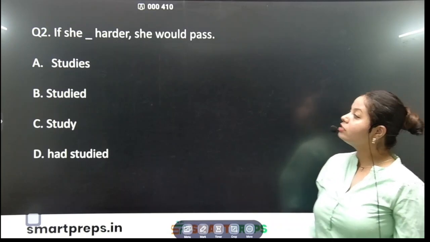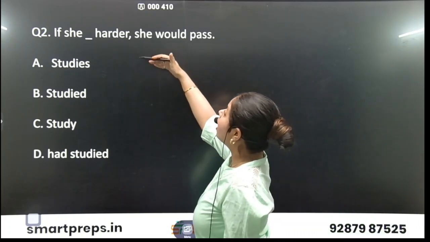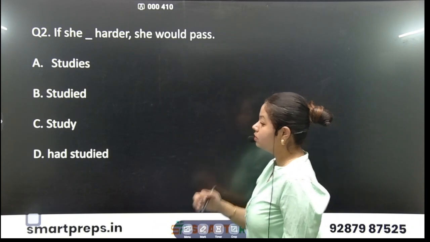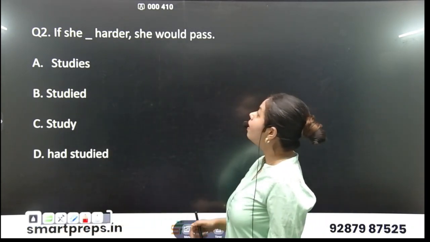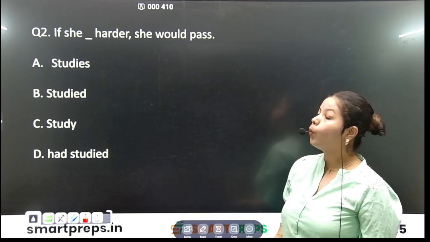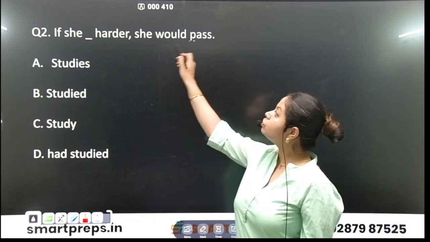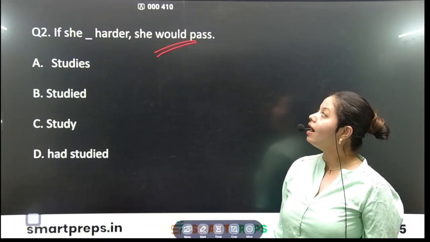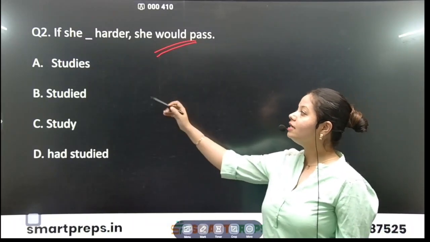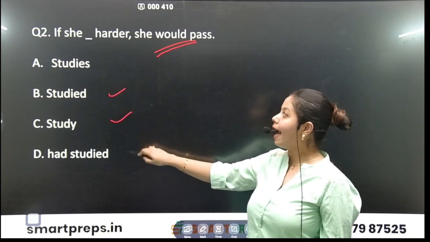Okay. Next question. If she dash harder, she would pass. Which condition is this? If she studies harder, she would pass. If she studied, had studied.